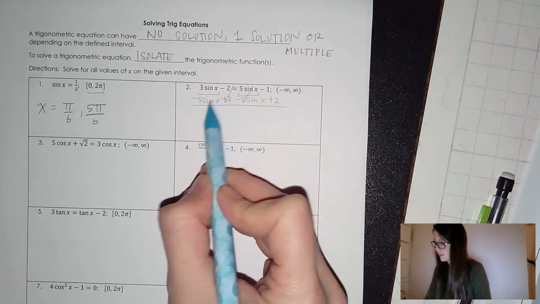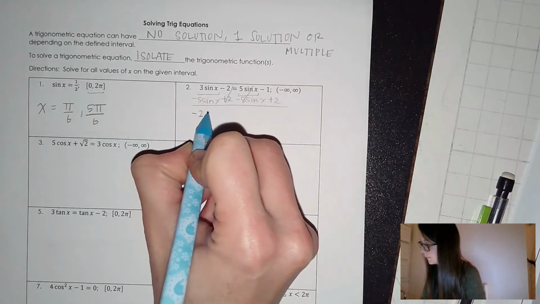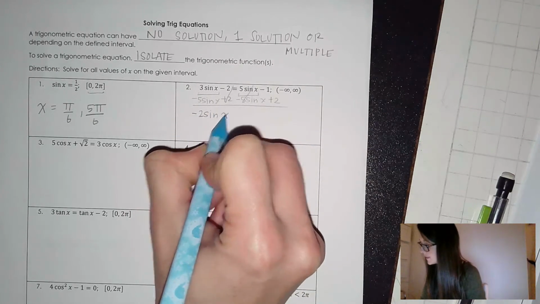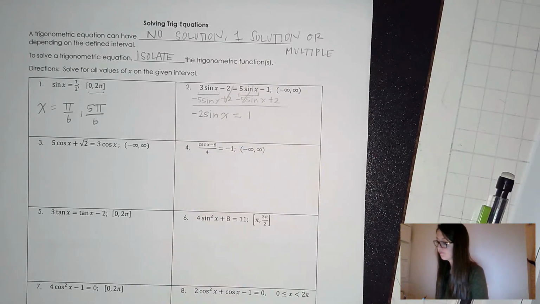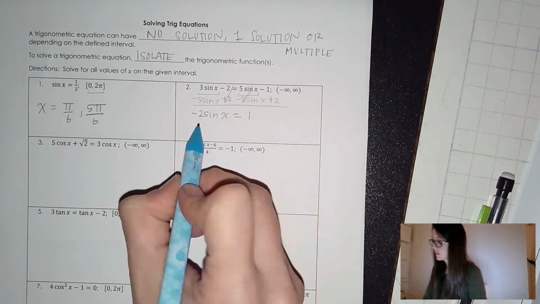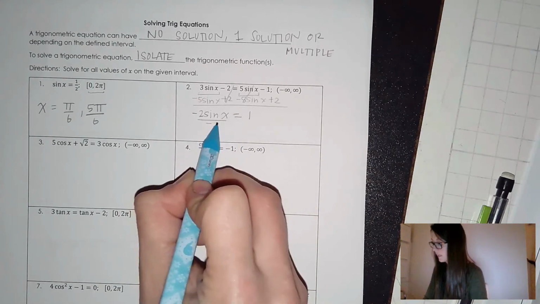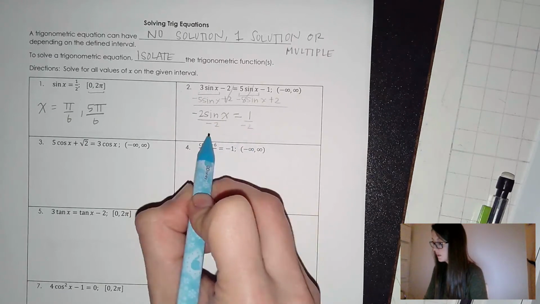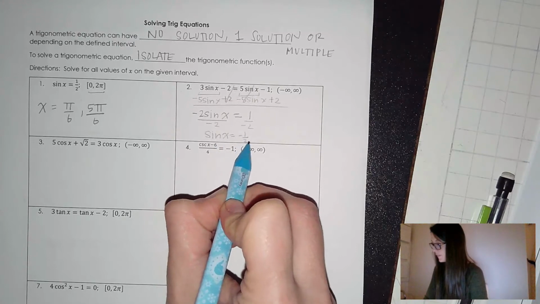So 3 sine x minus 5 sine x is going to give you negative 2 sine of x, and then negative 1 plus 2 is going to give you a positive 1. To isolate this, you are going to divide both sides by negative 2. So you will have now sine of x is equal to negative 1/2.